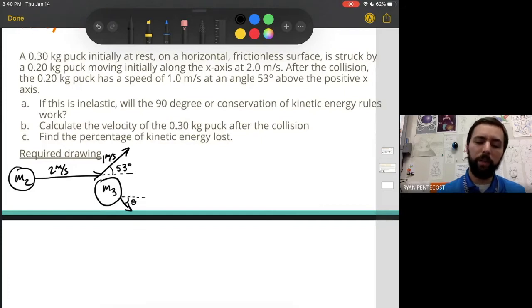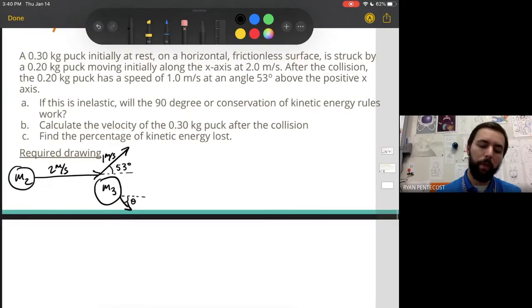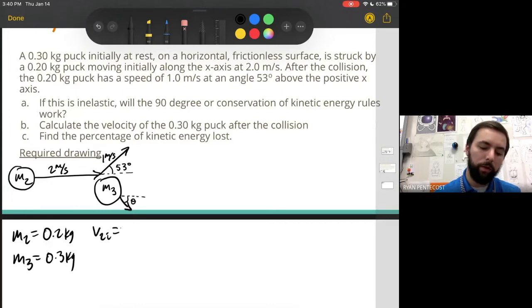So anyway, part B is the actual question. Calculate the velocity of the 0.3 kilogram puck after the collision. So I'm going to get our givens first. We've got M2 is 0.2 kilograms. M3 is 0.3 kilograms. The V2 initial is 2 meters per second. V3 initial is 0. It sits at rest.